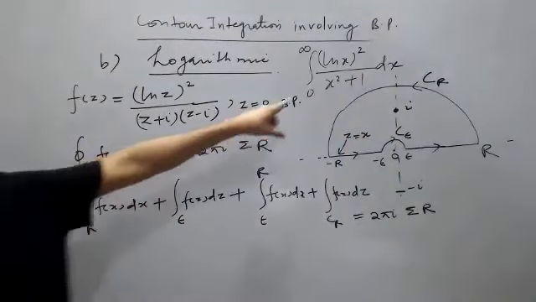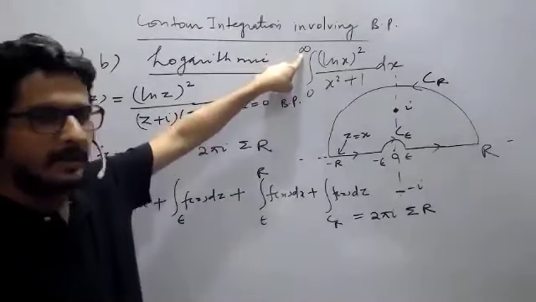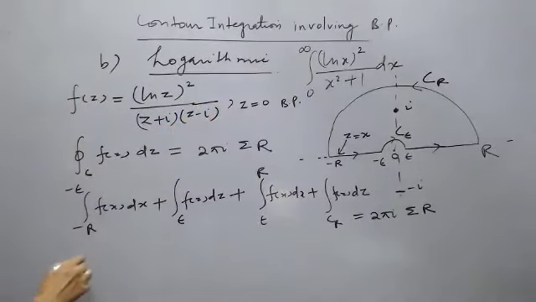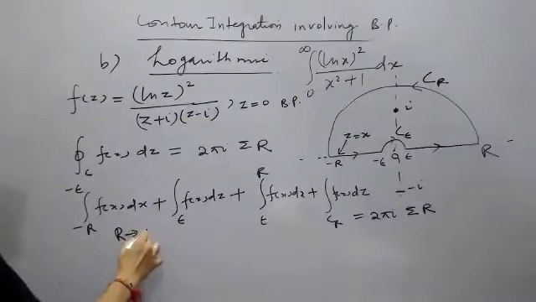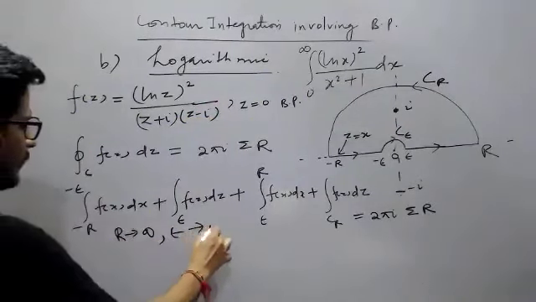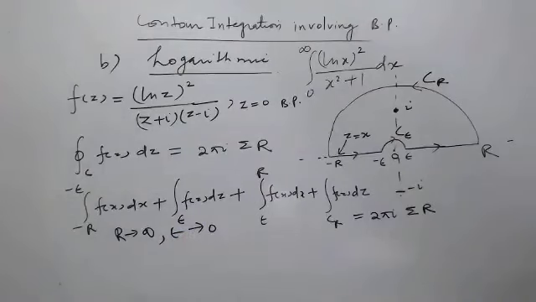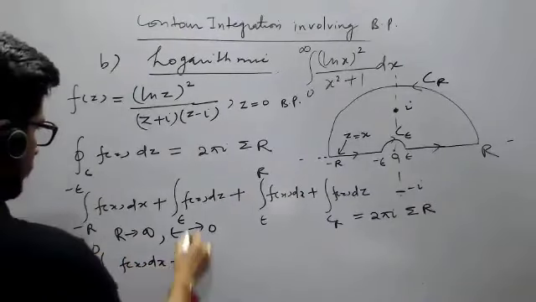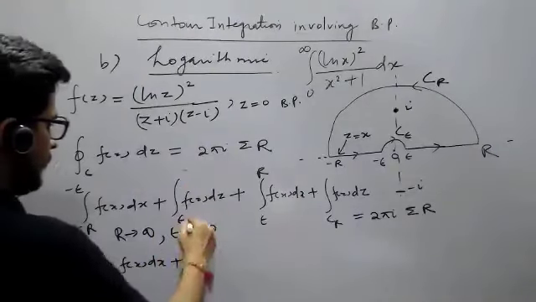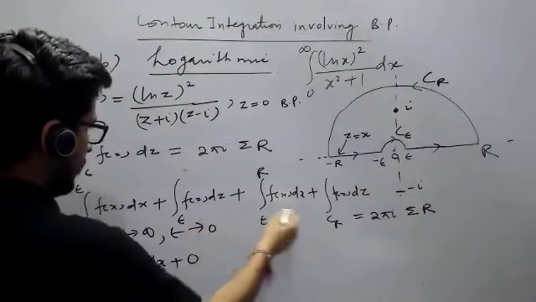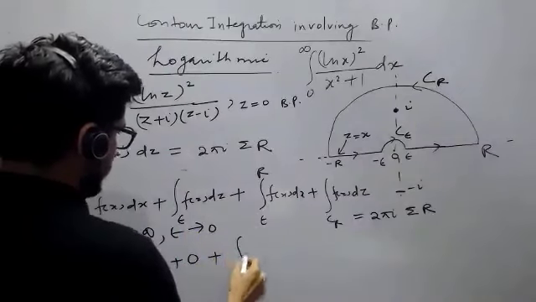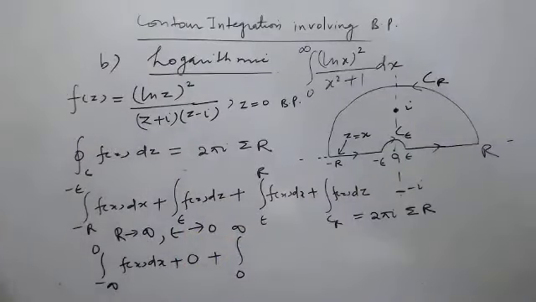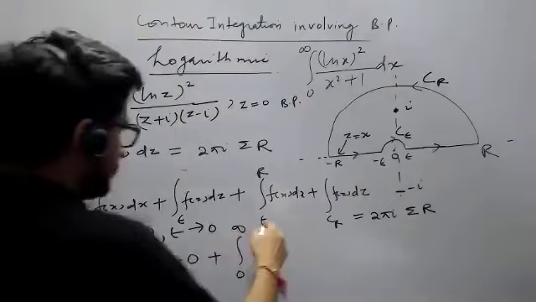Now please see, I want lower limit equal to 0 and upper limit equal to infinity. So I will take limits r tending towards infinity and epsilon tending towards 0 in this case. My integrals will become minus infinity to 0 f x dx plus 0 to infinity f x dx, and these will go by Jordan's lemma. I have told you that they will not exist. You can see also by putting the limits that they will not exist.